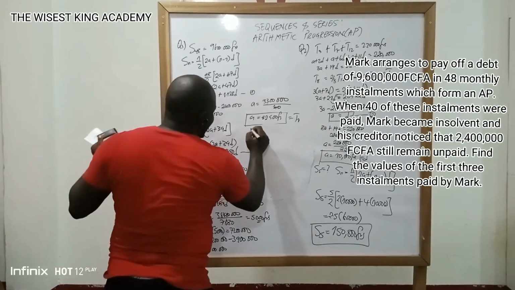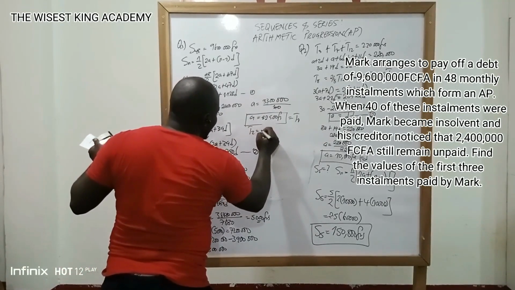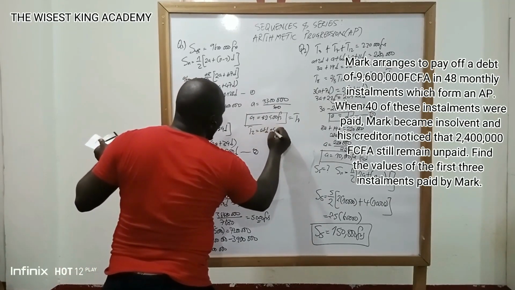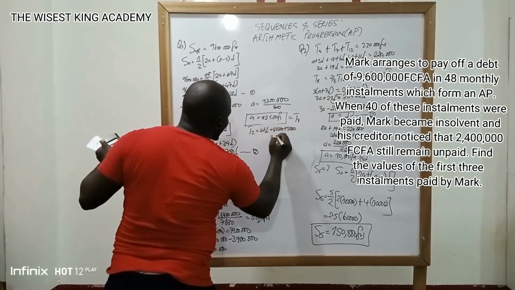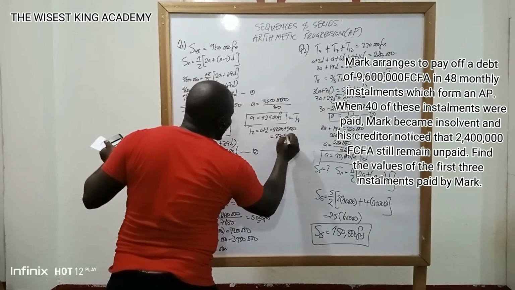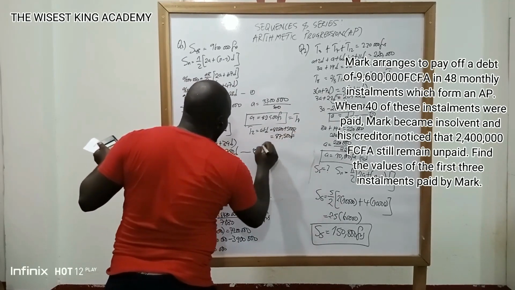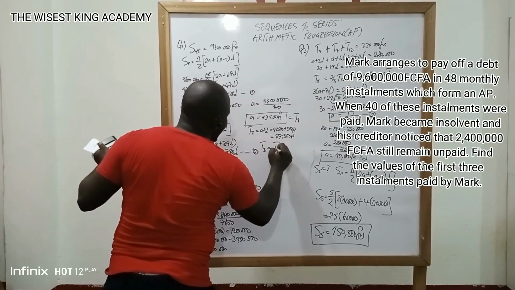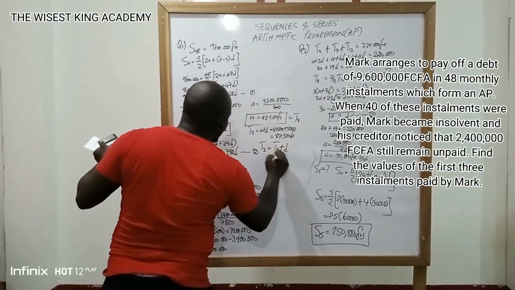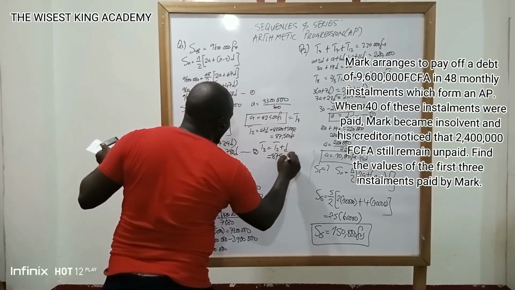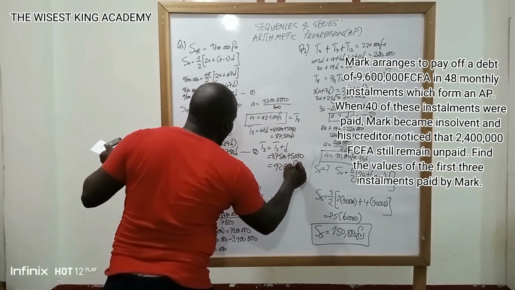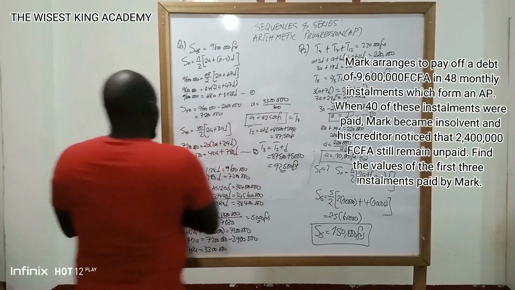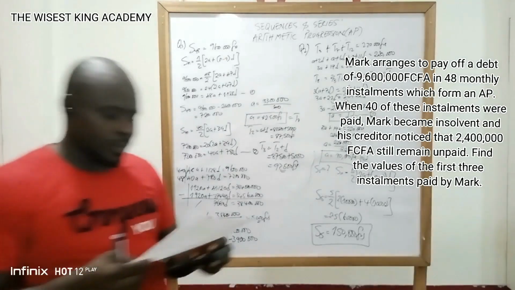To have the second, T2, we simply take a plus d, which is 82,500 plus 5,000, giving 87,500 francs. T3 is T2 plus d, which is 87,500 plus 5,000, giving 92,500. The question is solved.